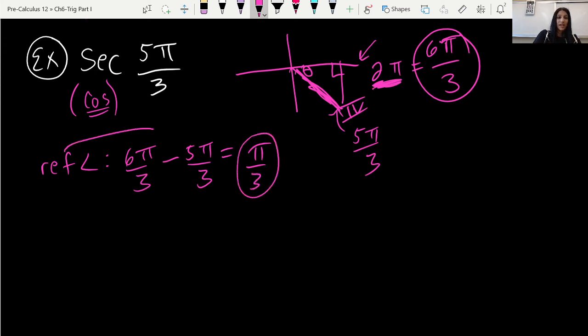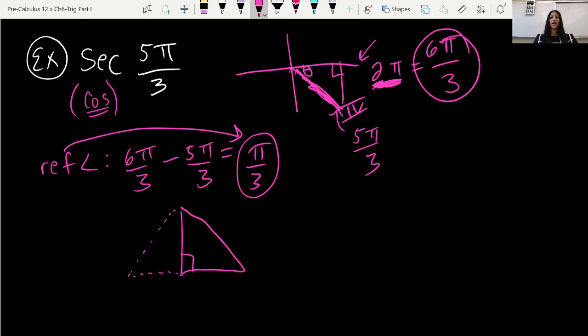So my reference angle is one of the special angles. I know that pi over 3, pi over 4, and pi over 6 are my special angles. So I could draw it out in this fourth quadrant, or if you find it easier to just sketch out, just to remind you to put it into perspective, this is that equilateral triangle that I had chopped in half.